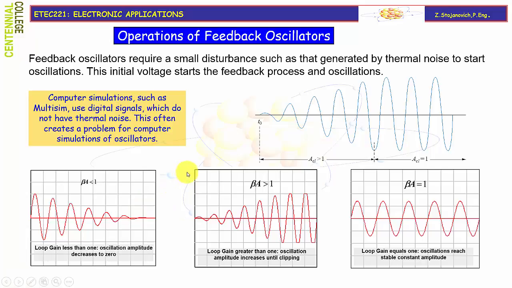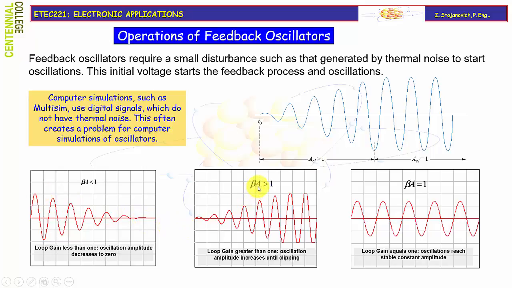Now, with respect to oscillating conditions in a circuit, we can look at the value of the loop gain and make a definite conclusion about what is going to happen with oscillations. For instance, if the loop gain is less than 1, then any existing oscillation in a circuit will start decreasing in amplitude, and eventually it will die out and reach 0. There will be no oscillations anymore after this transition period.